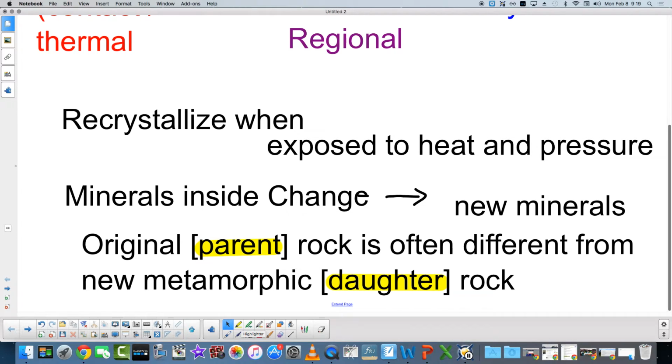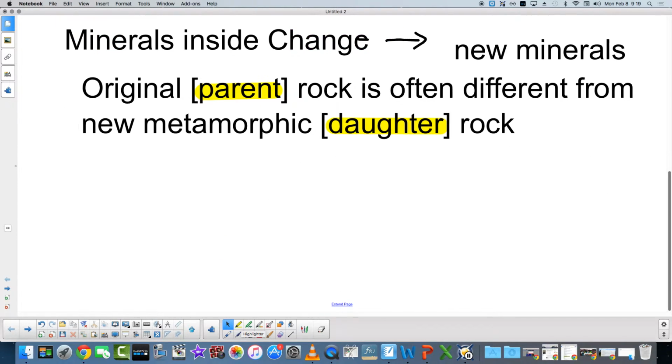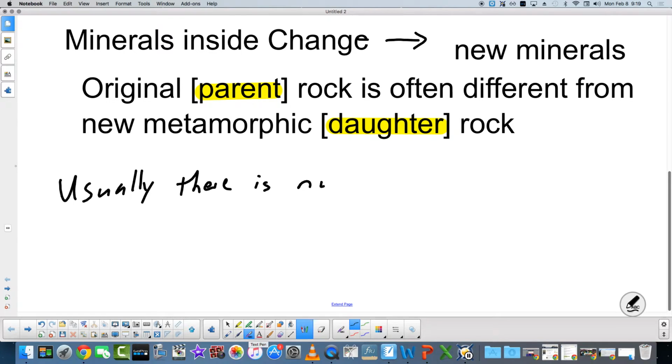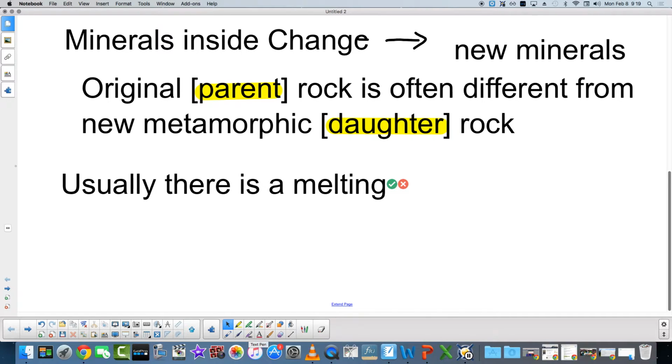And usually there is no melting. Usually there is no melting with metamorphism.